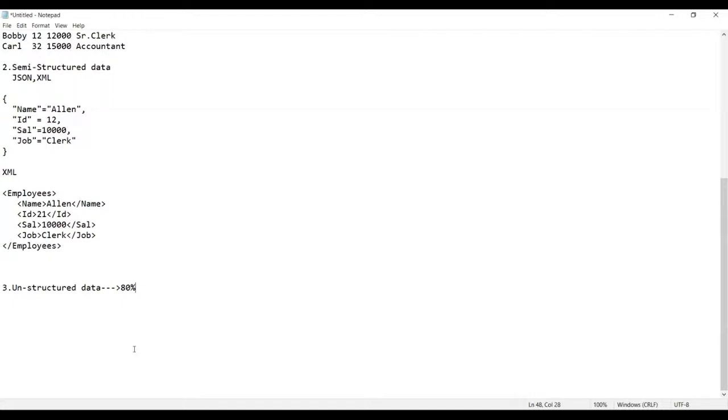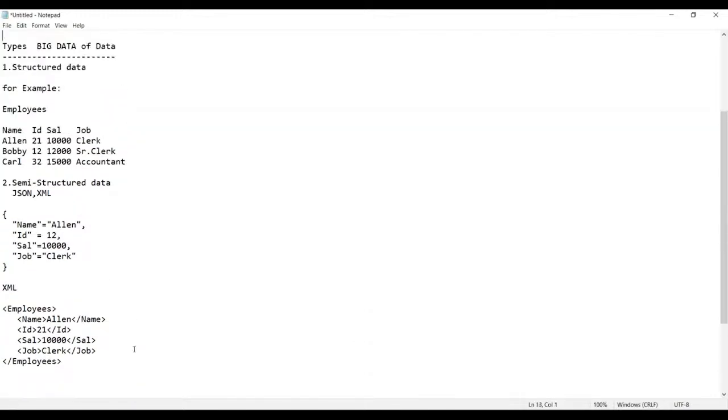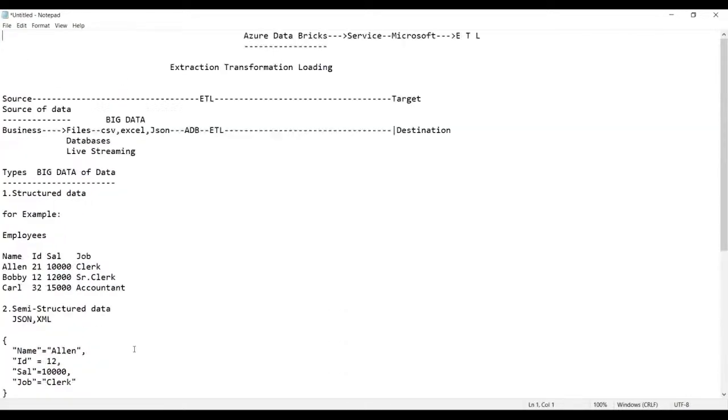Okay, guys. So this is the types of data we have. Now the next one, let us see an example. What we do from the business, we get the data in the form of files, and these files can be JSON, etc. We pull them into the ADB, then we perform the job of ETL.